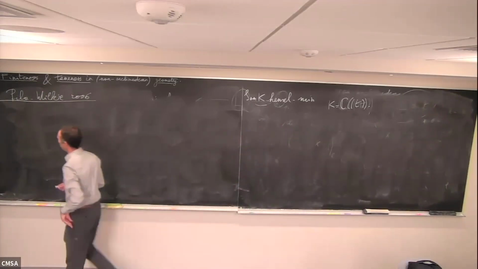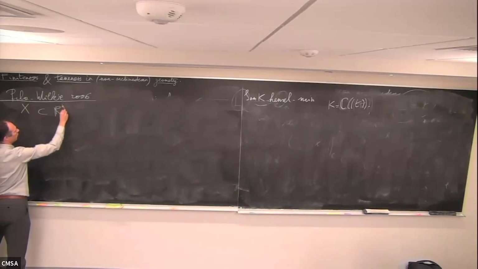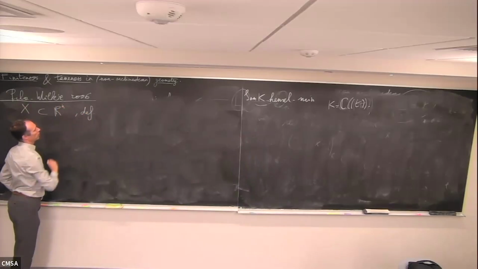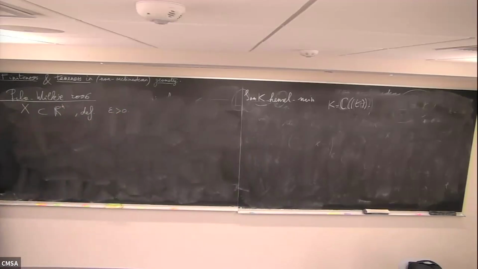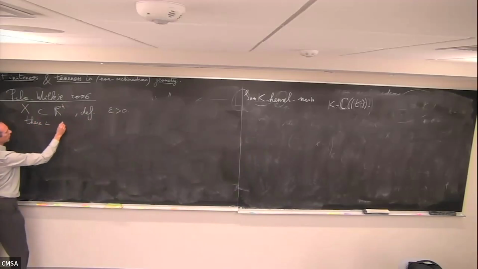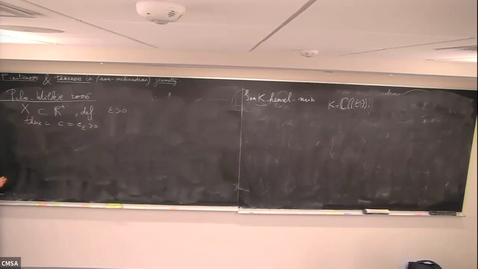Partial relation, yeah. So here, if you have a definable subset X of R^n, I fix any epsilon bigger than 0. We've seen in previous talks that there then is a constant C equal to C(epsilon), depending on epsilon, such that if you look at the transcendental part of X, which has been defined before, please ask me if you want me to repeat it, it throws away some algebraic part.